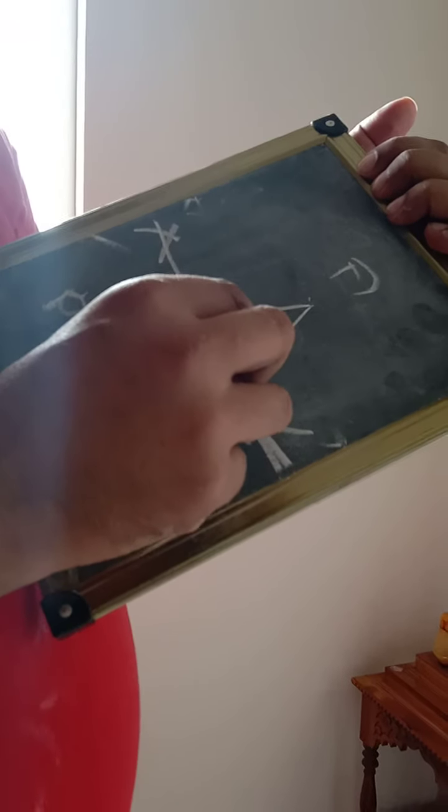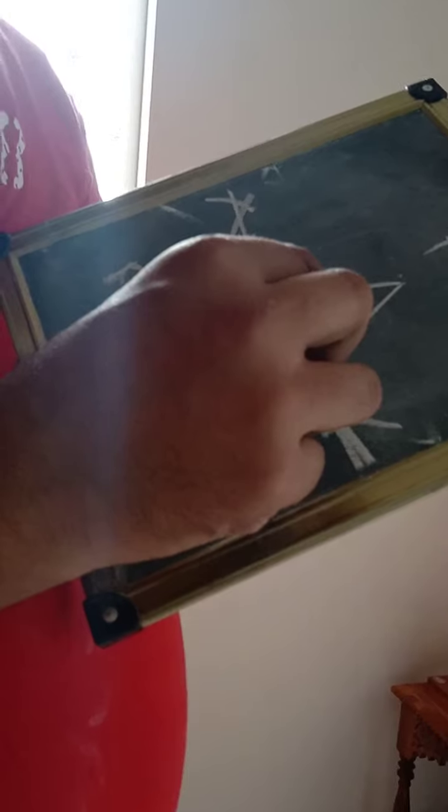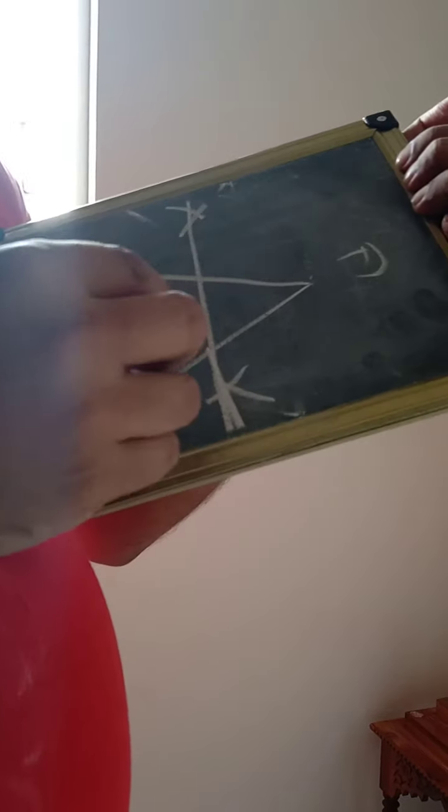How do you bisect the angle? Suppose this, take more than half, this, and then afterwards this, and make more than that.